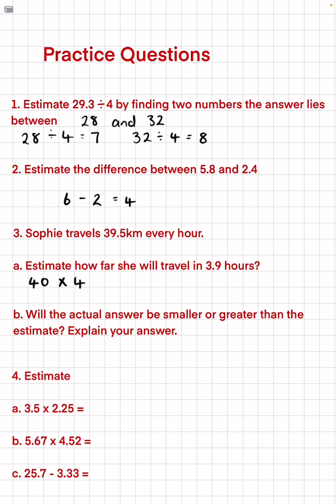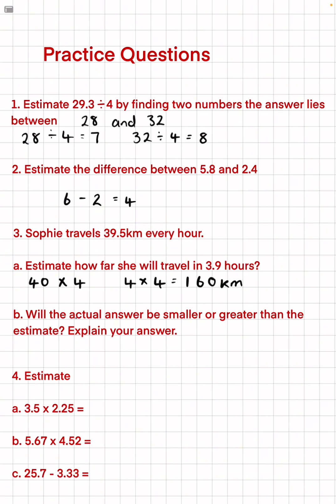To simplify this calculation, we can make this number 10 times smaller by dividing by 10. So we're left with 4 times 4, which equals 16. And now we can make this number 10 times bigger by multiplying by 10. We add on the 0. So the answer is 160 kilometers.